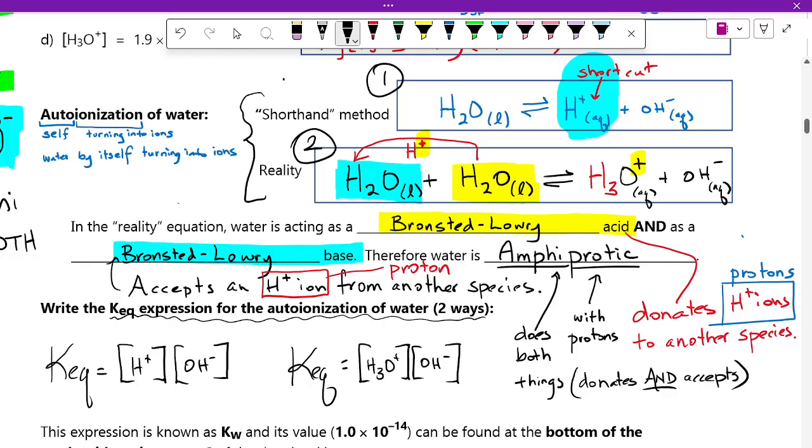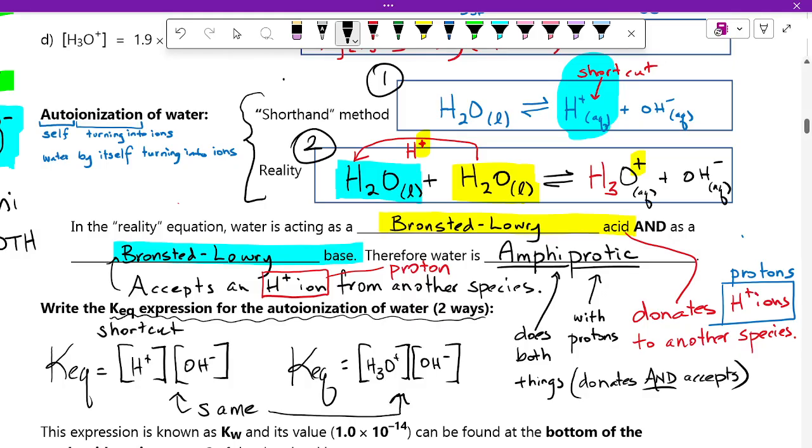So hopefully you got two KEQs that look like that. You've got hydrogen concentration times hydroxide for the first one, and hydronium times hydroxide for the second one. These are the same. Okay, remember this one is the shortcut.